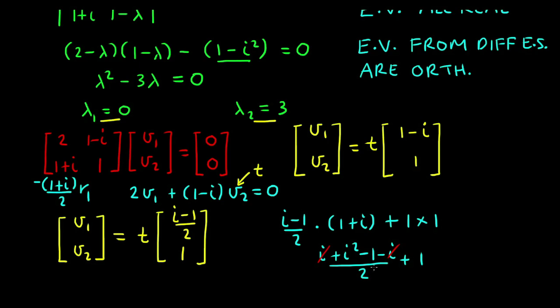And the i's cancel, and i squared is minus 1, so we get minus 2 on 2, which is minus 1, plus 1 is 0. So all eigenvectors between those two eigenspaces are orthogonal.